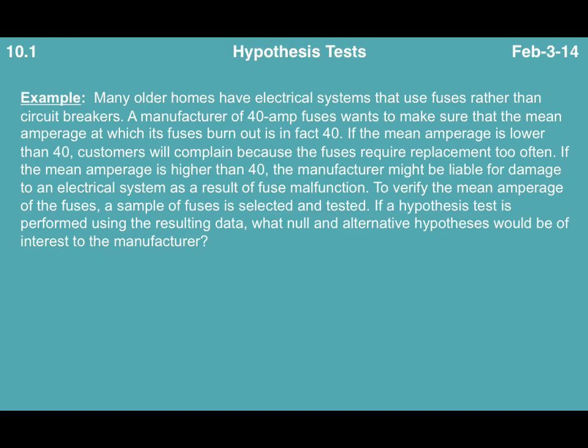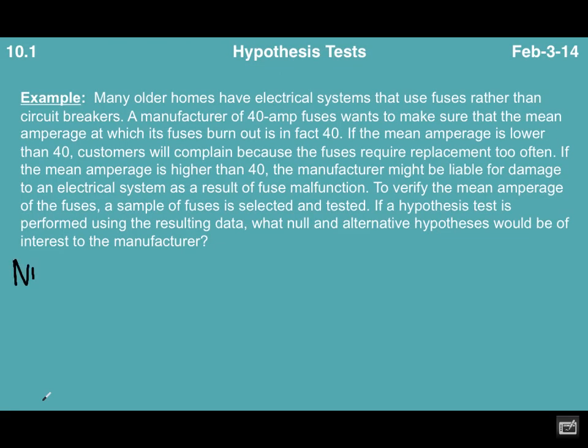If the mean is lower than 40, customers will complain because the fuses require replacement too often. If the mean is higher than 40, the manufacturer might be liable for damage to an electrical system as a result of fuse malfunction. To verify the mean amperage of the fuses, a sample of fuses is selected and tested. If a hypothesis test is performed using the resulting data, what null and alternative hypotheses would be of interest to the manufacturer?